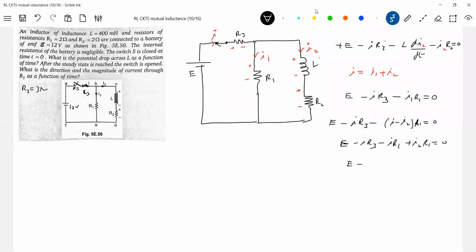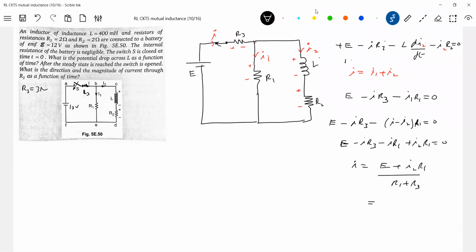So replacing the I2, I should replace, no? I1 I replace with, yeah, fine. And this I will be E plus I2 R2 by R1 plus R3. I think we know all the values. What is E?